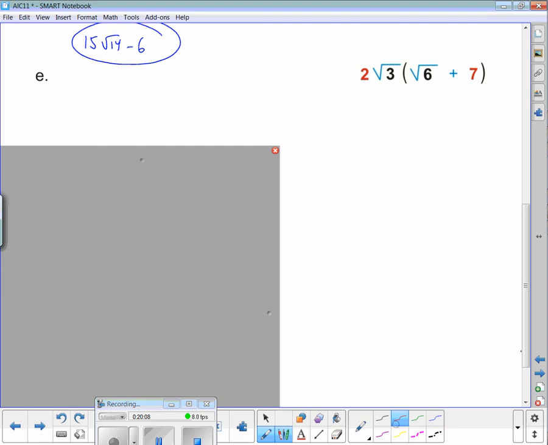All right, let's see how you did. So again, this is what I'm thinking on this. The 2 times a 1 is a 2. But I'm also looking here, when I do my square root of 3 times square root of 6, I'm thinking of my 6 as being a 2 times 3. And remember, it's best if you simplify before you multiply.